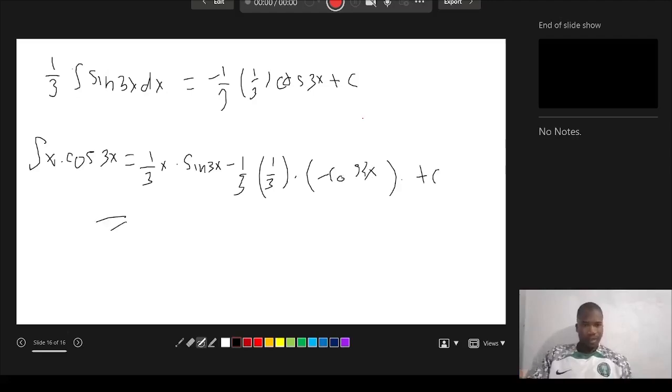So the final solution is 1 over 3x multiplied by sine 3x plus 1 over 9 cos 3x plus c.